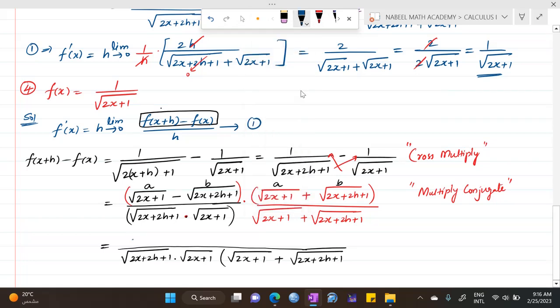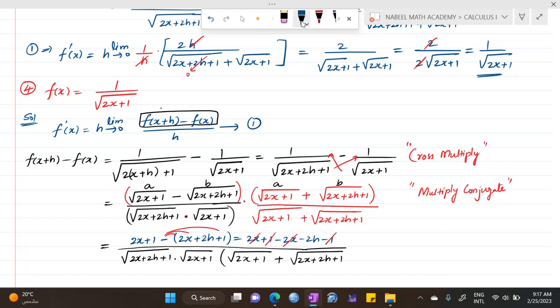So if you cancel this part, you will get 2x plus 1 and minus 2x plus 2h plus 1. If you simplify this one, 2x plus 1, multiply the minus inside, you will have minus 2x minus 2h minus 1. So you are multiplying the minus here. So minus 2x plus 2x plus 1 minus 1 cancel. So the remaining part is minus h over the same term.